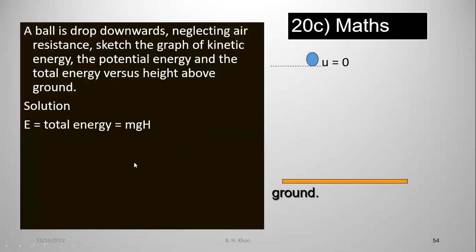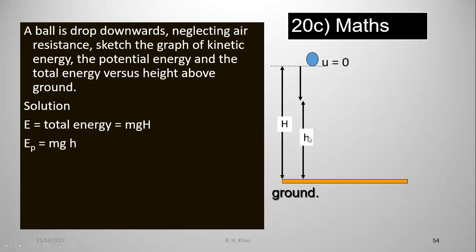Okay, if you look at the mass involved, initially you drop it, speed is 0, so total energy is mgh, h is the height of the ball. But we are not interested in a constant height. We are interested in the height that is changing at any time.